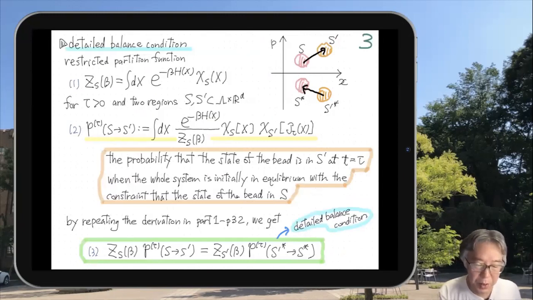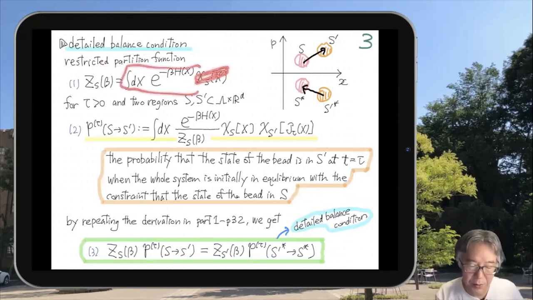For that purpose, we again define the restricted partition function. Without this, it is just the partition function of everything at the inverse temperature beta, but here we have this characteristic function. So we impose a condition that the phase space point of the bead, the Brownian particle, is in this S.